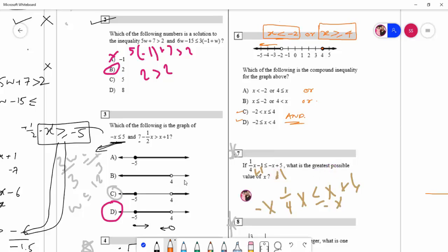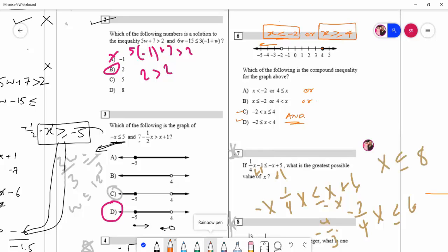Why am I writing slant? Okay. Let us try it again, because you know that when you multiply with a negative number.